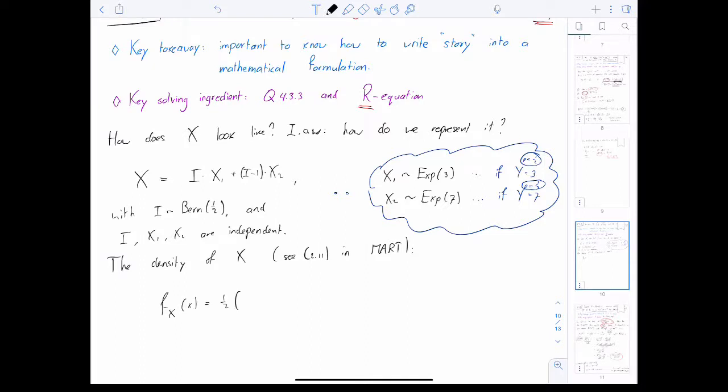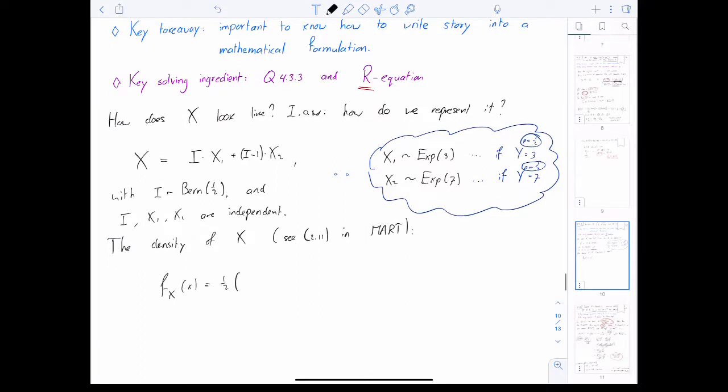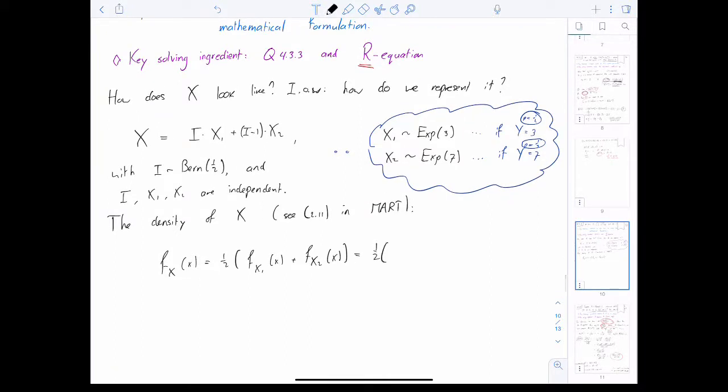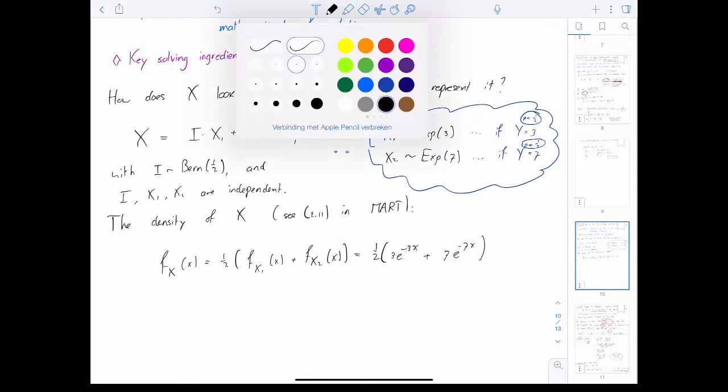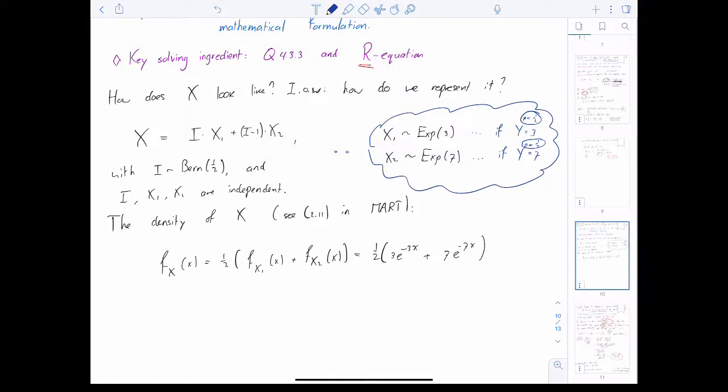This 1/2 comes from the Bernoulli random variable, and it's the sum of our exponential random variables. And this equals, in the case of X1, 3e to the power minus 3x, and in the other case it's 7e to the power minus 7x. And actually this is the density of X in question 4.3.3.